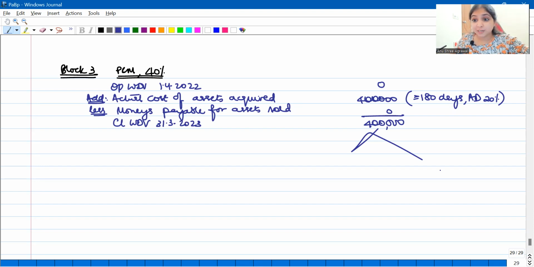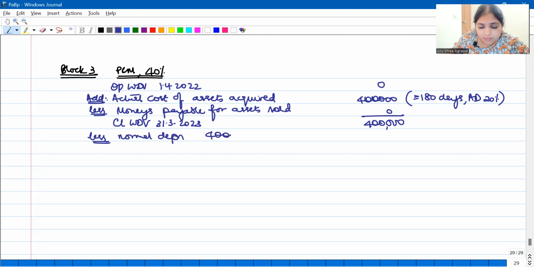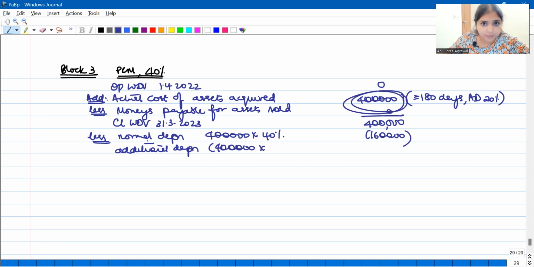Do I need to split and all? No, no less than 180 days. Straight away we can calculate less first normal depreciation, guys. 4 lakhs into 40%, 1,60,000 normal depreciation. Then you will have additional depreciation also because all your conditions are fulfilled. 4 lakhs is your purchase cost, your actual cost. 4 lakhs into 20%, full 20% because at least 180 days, 80,000.